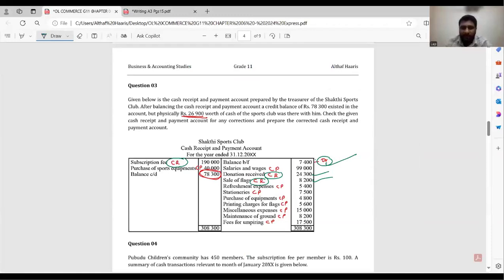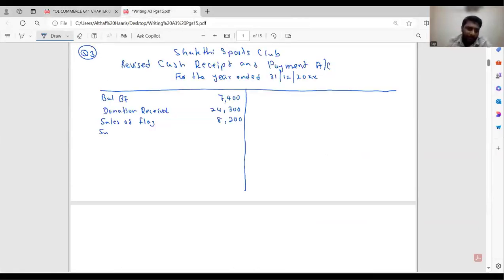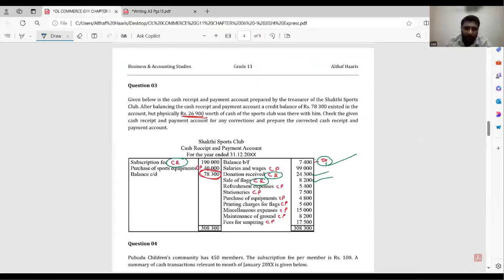Now we'll write the cash payments. Our subscription fees, they are 190,000. Done. Now we'll write the cash payments.